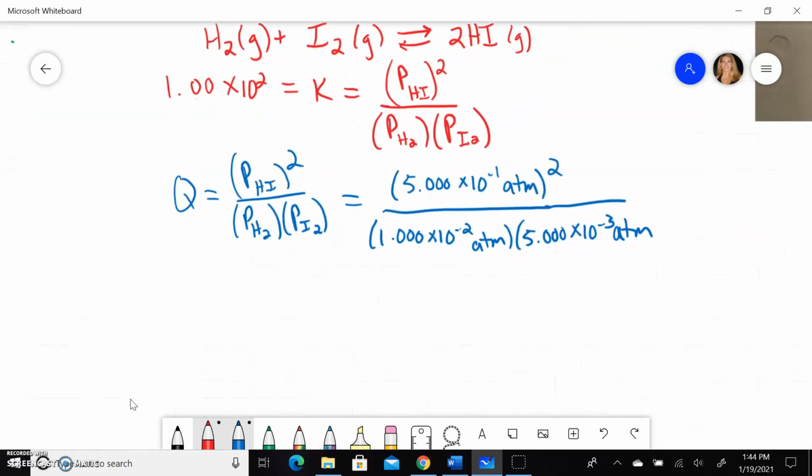And we can plug that into the calculator to see that Q is equal to 5 times 10 to the third. So this is about 5,000.